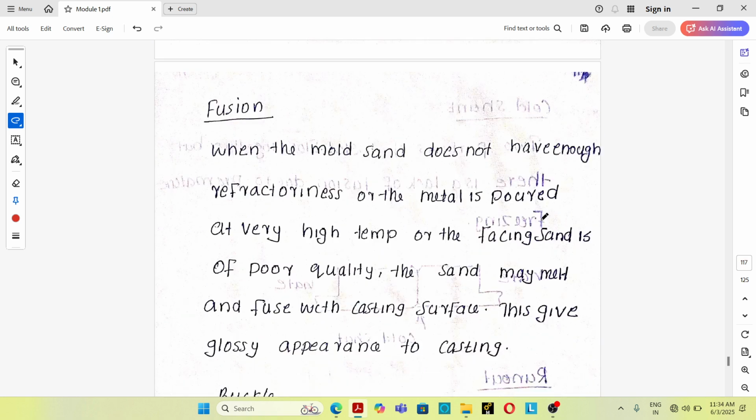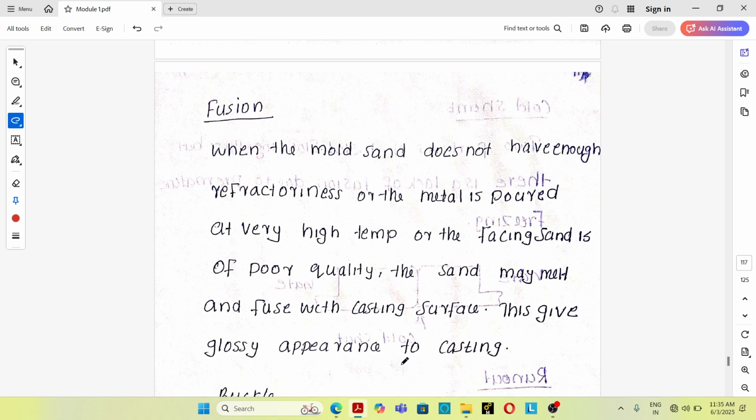Then we have fusion. See, when the mold sand does not have high refractory strength, or the metal is poured at very high temperature, or the facing sand is of poor quality, the sand may melt and fuse with the casting surface.